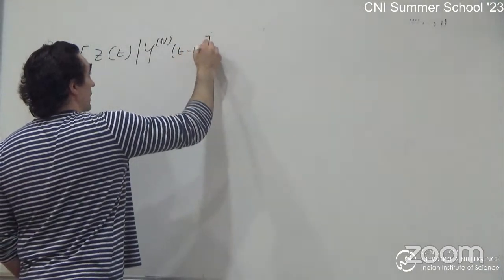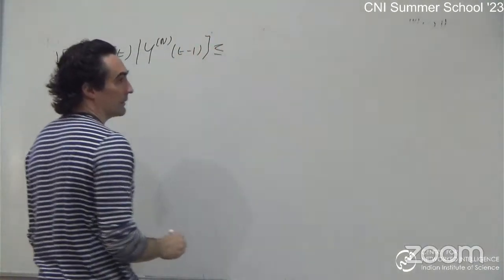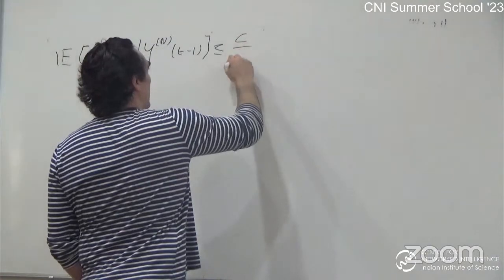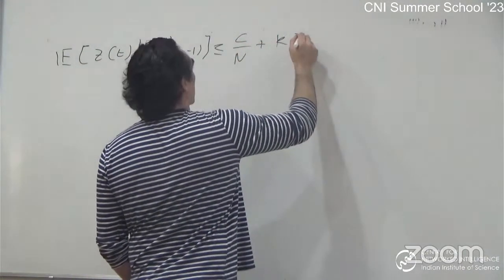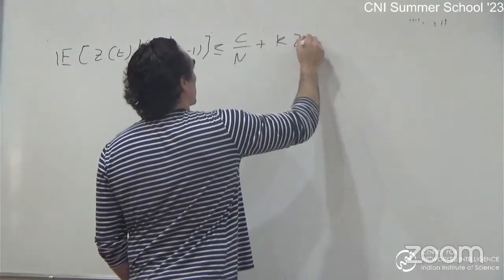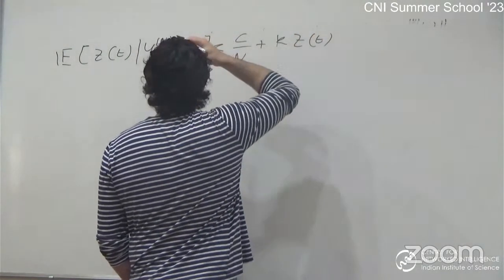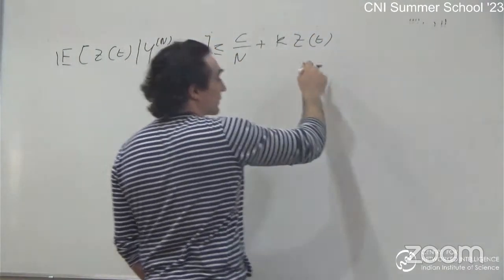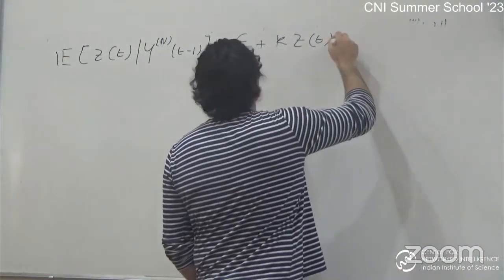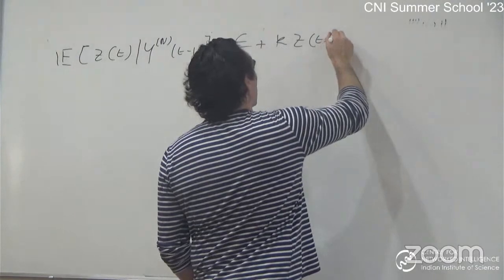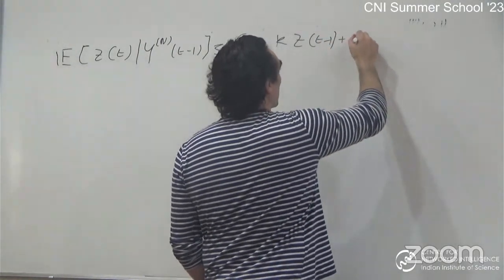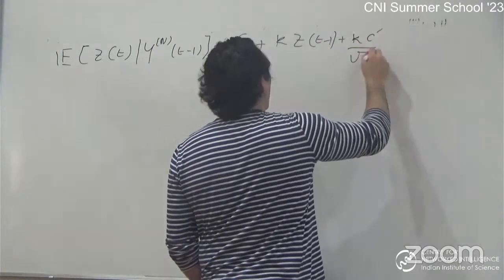We take expectation everywhere. Right? And what do we obtain? C divided by n plus k multiplied by z of t, because if you know y t minus 1, you know z t minus 1, plus k multiplied by the square root of c prime.